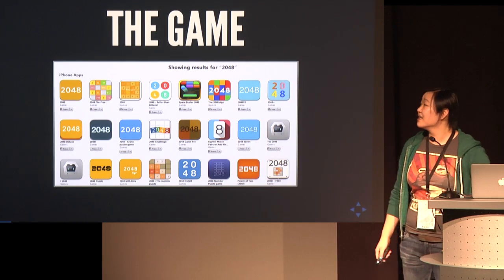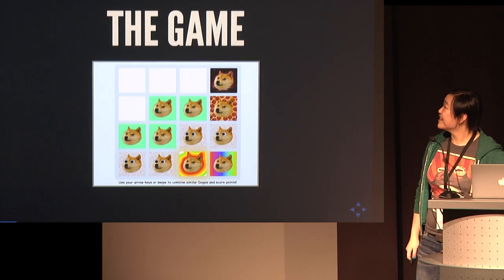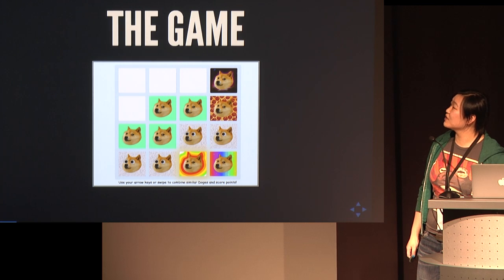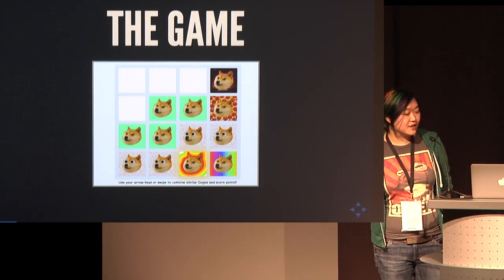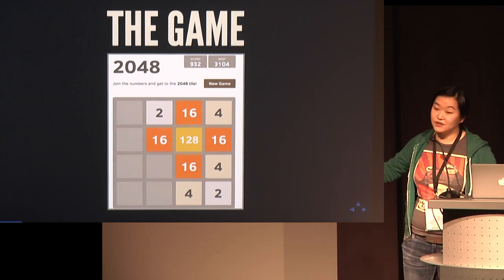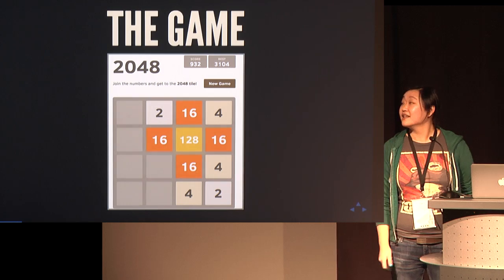But there are also others, like this one, where it's pretty hard to know which one you have to merge and what it's going to be afterwards, but I guess it works. I'm going to be talking about the simplest implementation, that's 2048. That's just the basic. You can check it out on GitHub, and it's free, and it runs in the browser.